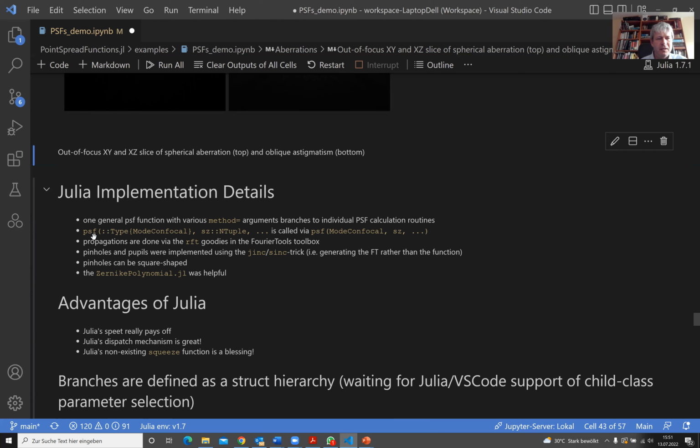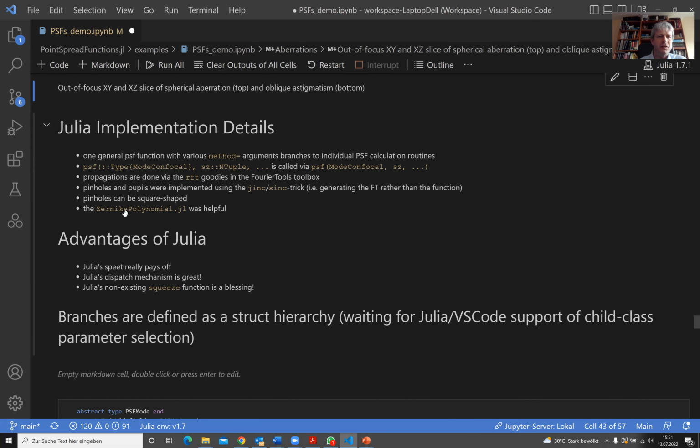So you see that there's a routine PSF mode confocal, and if you are not giving that argument, it goes to the general routine, but then calls it with this method argument, which then automatically branches into the correct thing. So if you want to call it by hand, you would need to do it like this, PSF, and then mode confocal and give it the arguments. But I recommend to just use the standard PSF method and use the method argument instead.